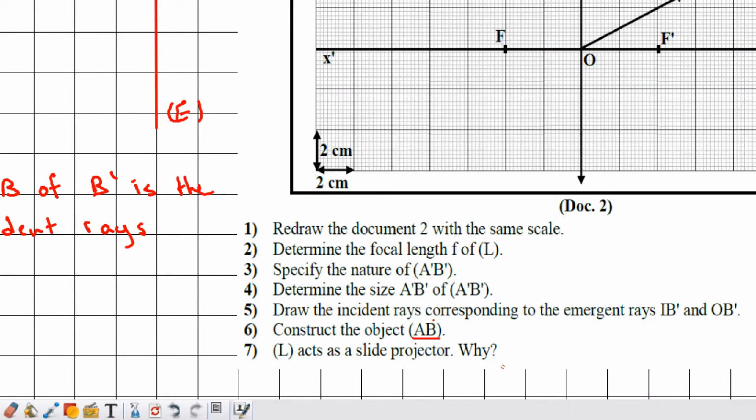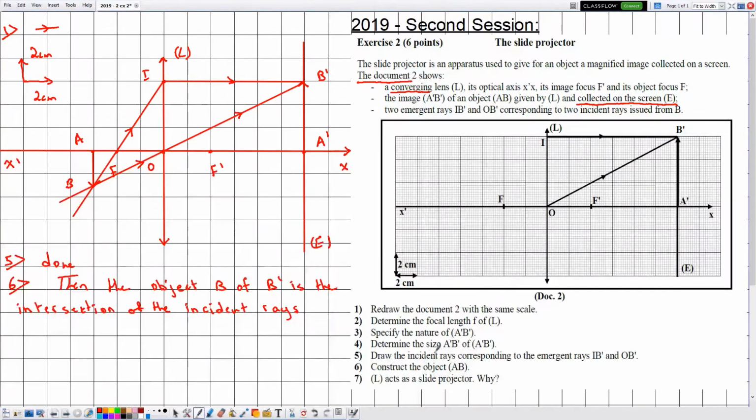We have traced and justified B. Now we need to justify A. We have already traced A. And what does A represent? And A is the foot perpendicular of which point? Of B on the optical axis. Okay, so this is it for part 6.